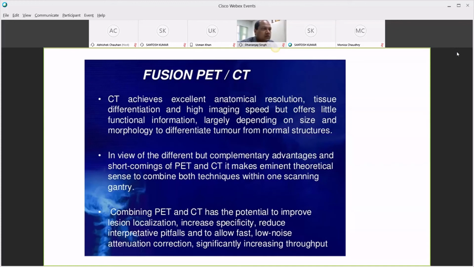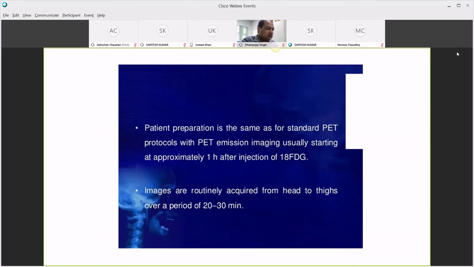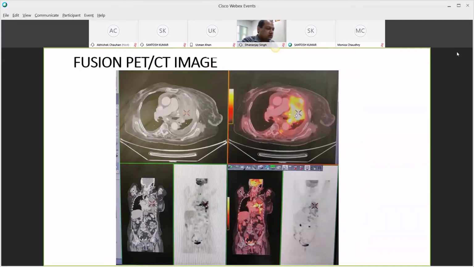Ideally, you can even download different software from the net to your laptop and load your imaging on your laptop and see how things work.